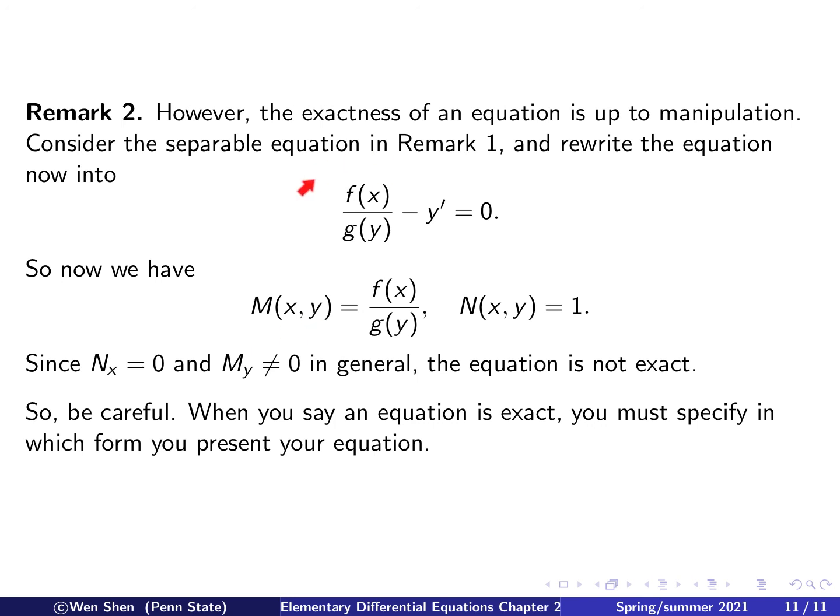M now is this fraction expression, and the function N is just here, minus 1, but it doesn't matter, it's a constant. Then we know the partial derivative N sub x is always 0, and then M sub y is this function differentiated in y. In general, it's not 0 because it's a function of y in general. So the equation written this way is not exact in general.